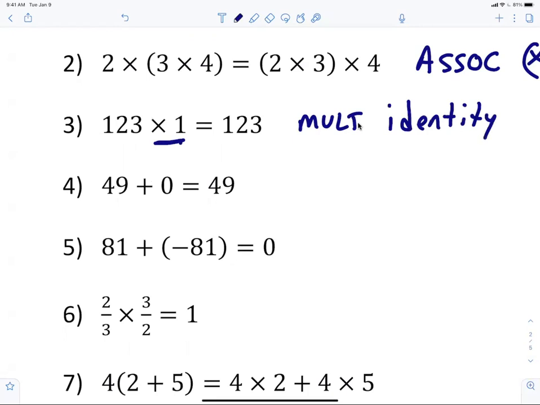All right, multiplicative identity. Anytime you stay the same, you are an identity. All right, Aiden, tell me what I'm doing with 49 plus 0 is 49. That's the additive identity. Yes, that's the additive identity.